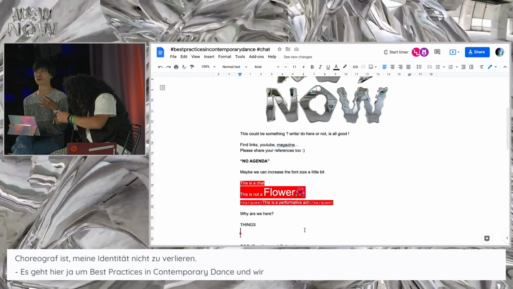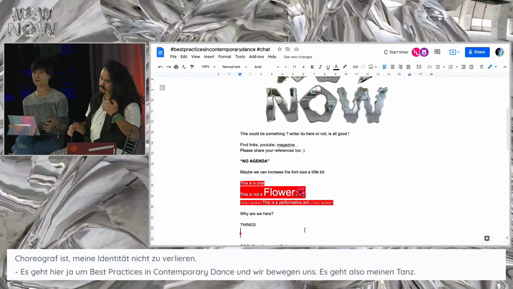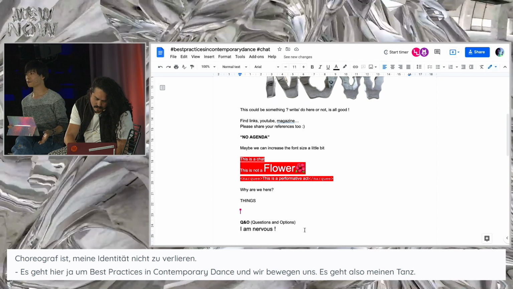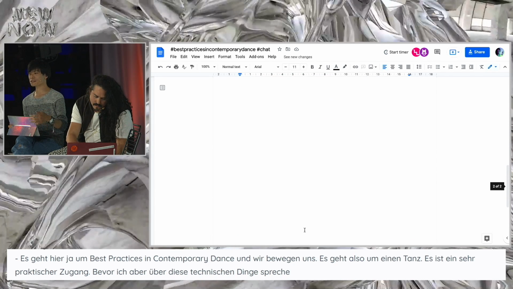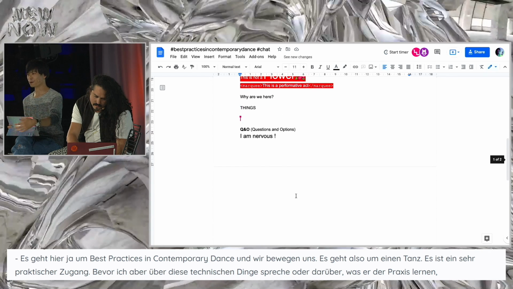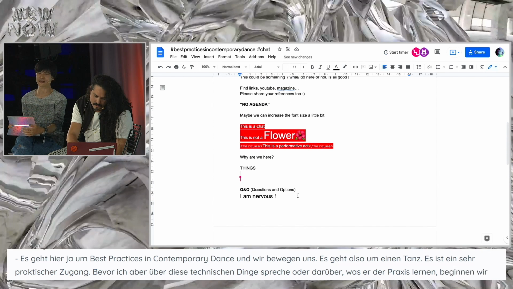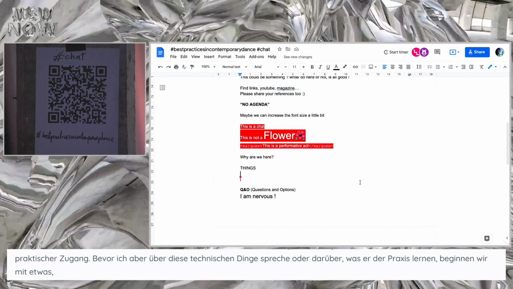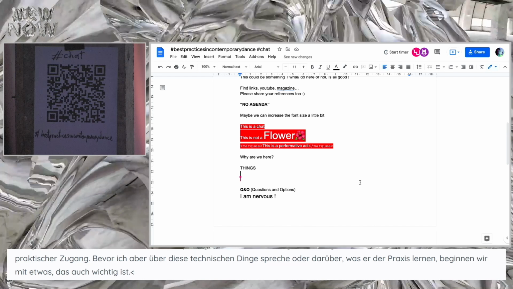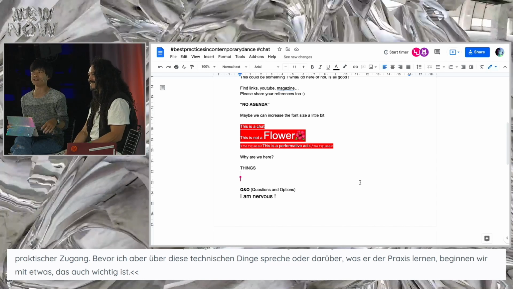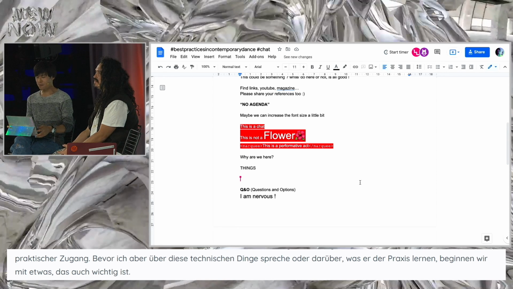But before talking about all these technical things, or what we learned from the practice itself, we have to start with something even before the best practices in contemporary dance: talk about the politics, about why we do this, why we are here, because we don't have to be here. We could just upload videos, and of course, it's nice to have visibility.